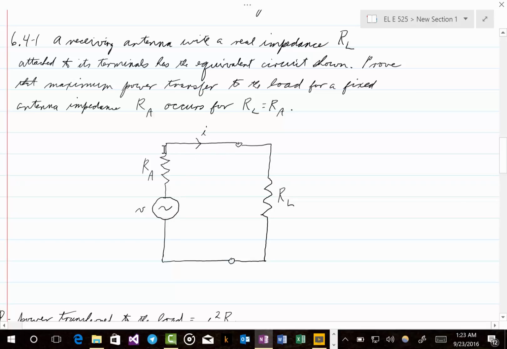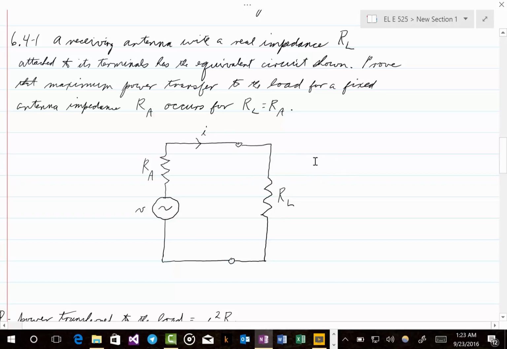So we're assuming that the impedance of the antenna, R sub A, is fixed. But we can change the load resistance. And both of these, by the way, are real. R sub A is real, and then we are assuming that we have a real impedance over here as well in this problem.